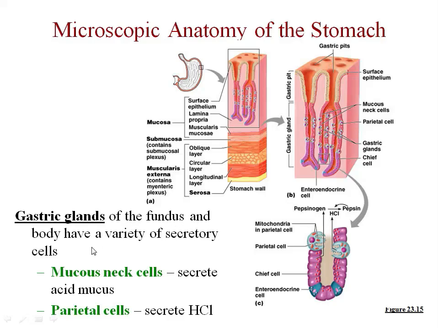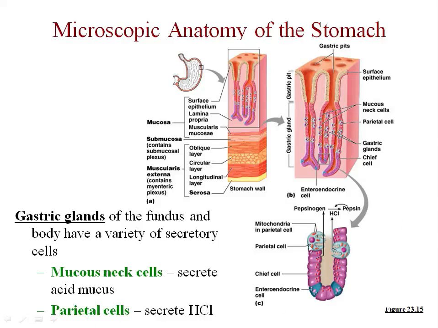Gastric glands of the fundus and the body have a variety of secretory cells. So the gastric pits are the openings of a gastric gland, you can say now. They contain mucous neck cells. So this portion is totally supplied with mucus-secreting cells, called mucous neck cells. Then parietal cells that secrete HCl.